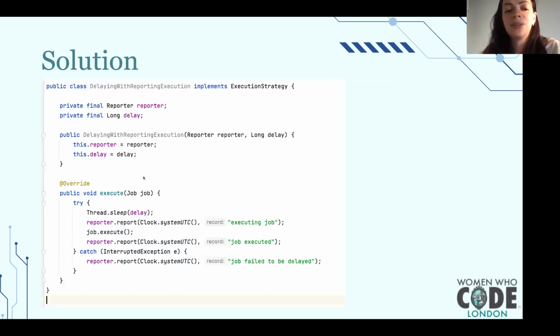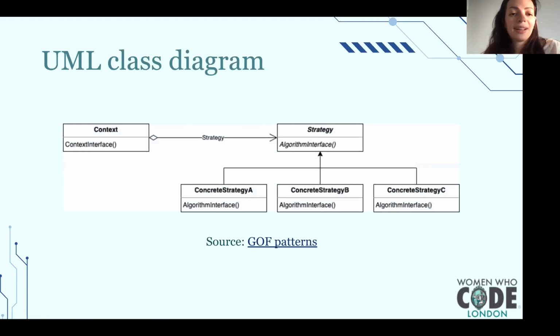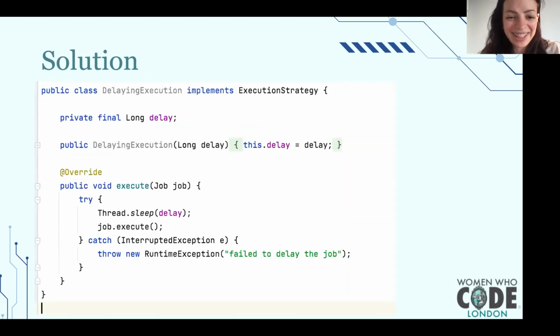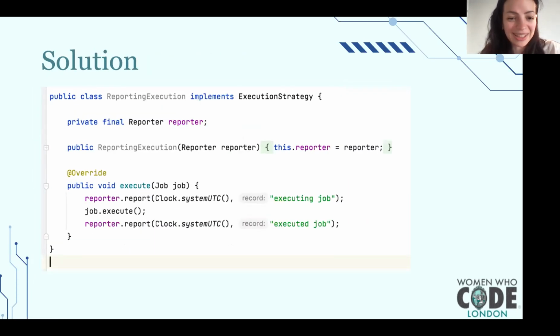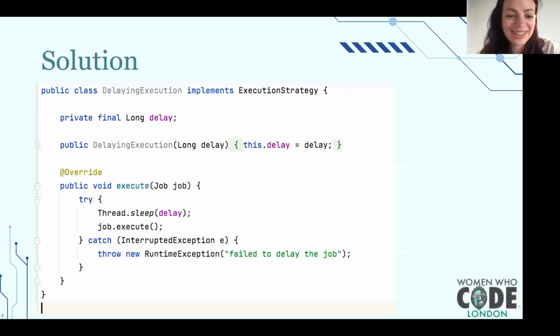We can create a new one, delaying with reporting execution, and put in both the reporter and the delay. Now we say: first of all we delay, then we report, and then we execute. So we can combine them into a new execution strategy. I hope it's clear what a strategy is.